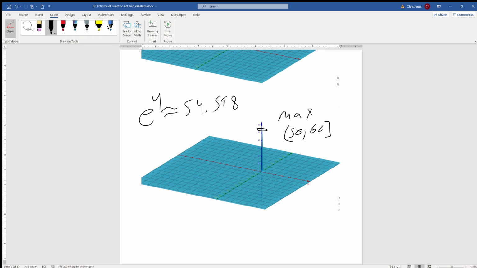I do urge you once again, once you get your maximums, minimums and saddles, use the Desmos program to verify your solutions. So that was a pretty cool problem because most of us don't know that 54.598 is e to the 4th. Of course, we could just use that trick where you keep zooming in on your calculator, or you could use a max function if you have a 3D grapher.